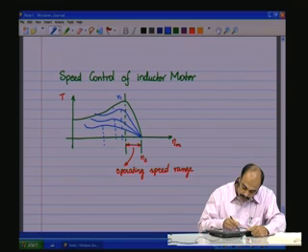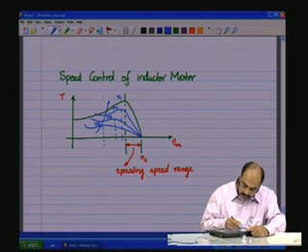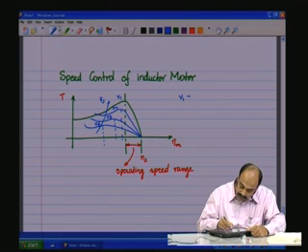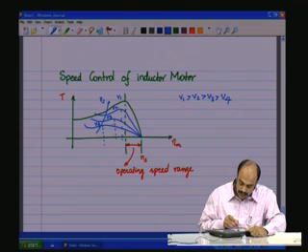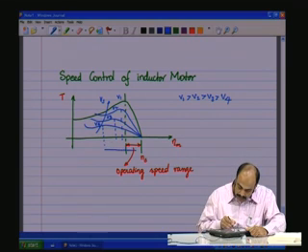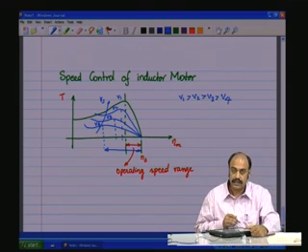Let us say this is V1, V2, V3, V4, with V increasing. So V1 is greater than V2 is greater than V3 is greater than V4, which means as you decrease the stator voltage, the torque speed curve becomes like this, and the operating point is extended, so you have a much larger speed range at a lower voltage.